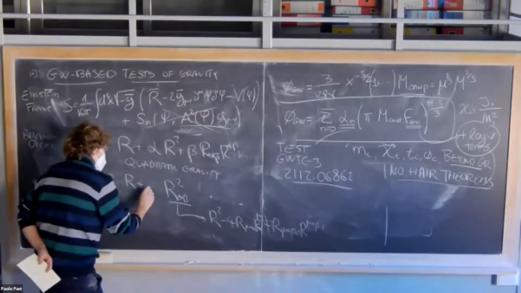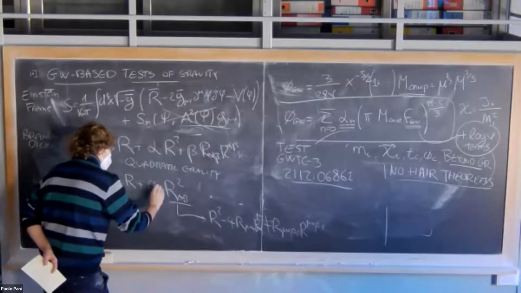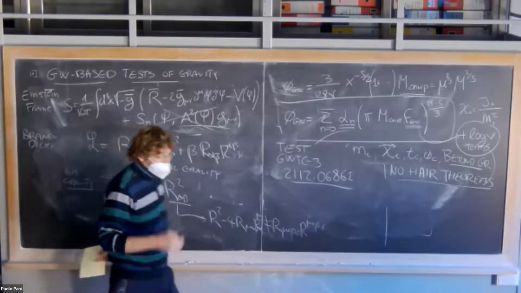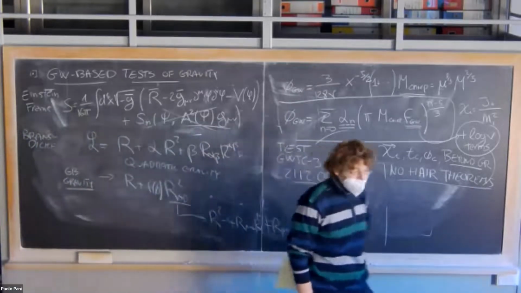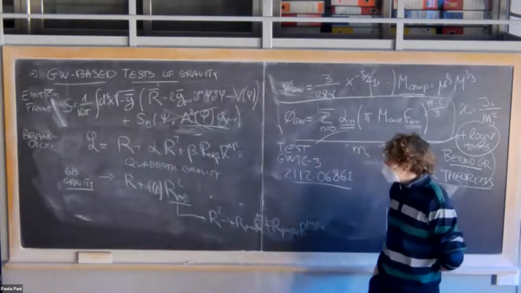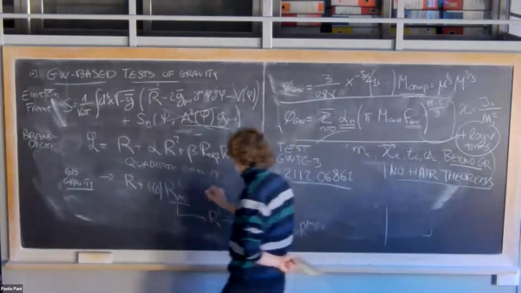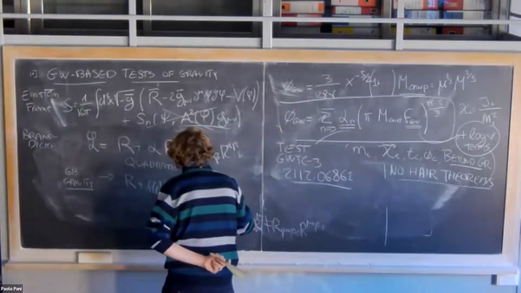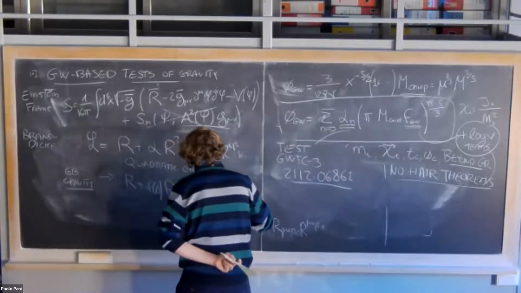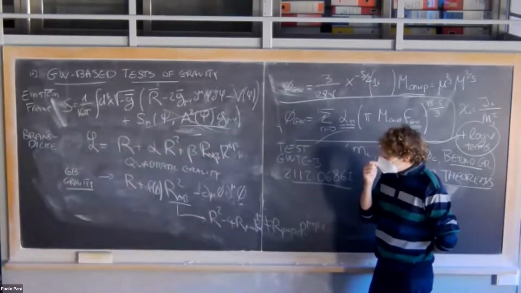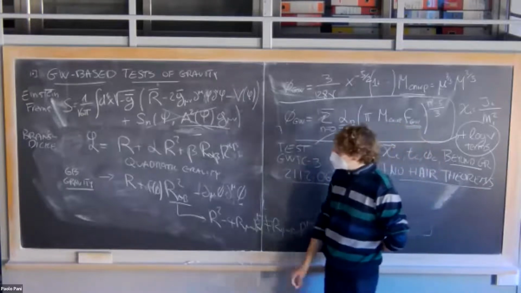What typically is done is introducing a coupling to a scalar field that is inspired by some high energy extension of relativity; in particular, in string theories there are couplings of this term. And a theory such as this one plus a kinetic term for a scalar field is called Einstein-scalar-Gauss-Bonnet gravity. And it has some interesting properties.